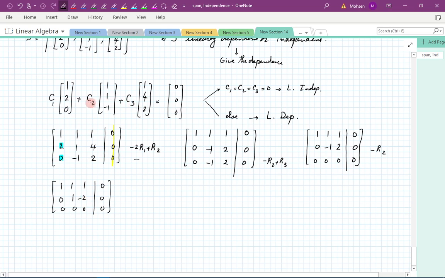It indicates that we have choices for C1, C2, C3 other than all of them being 0.